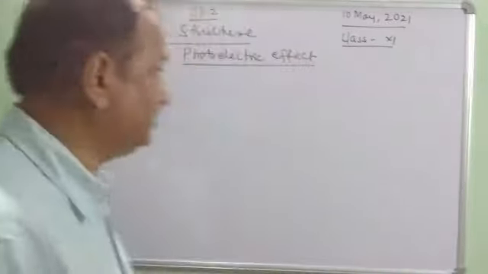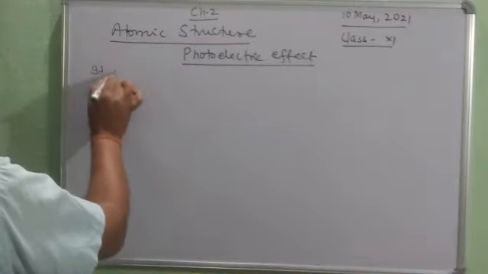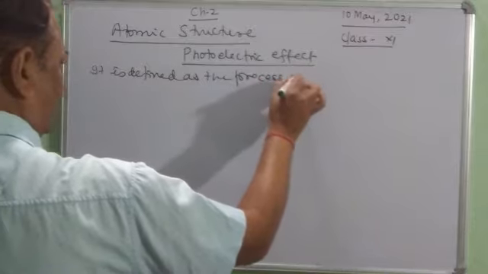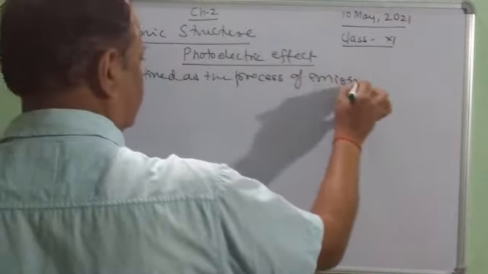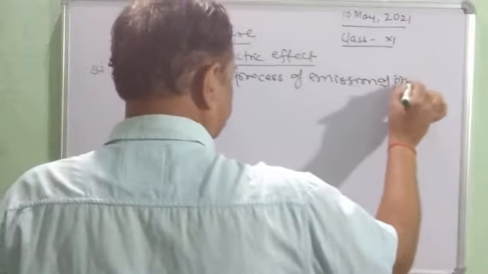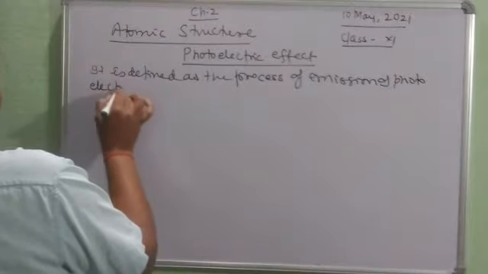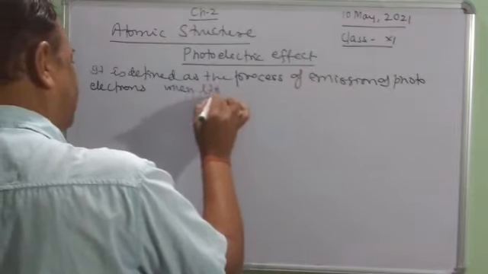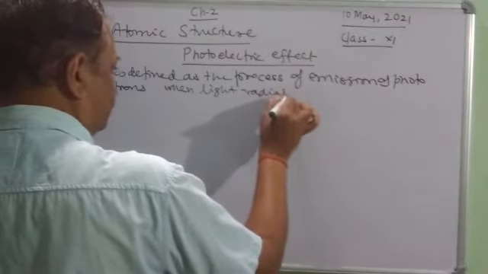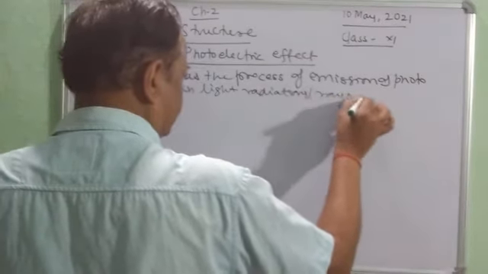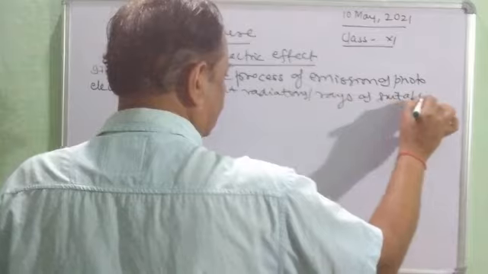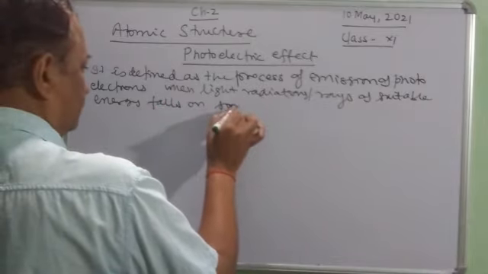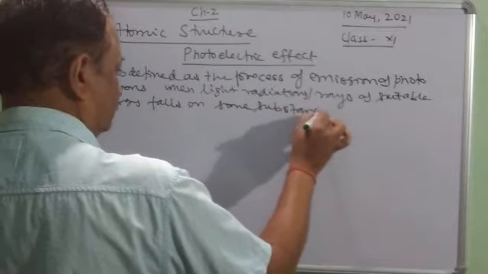So let's see first the definition. It is defined as the process of emission of photoelectrons when light radiations or rays of suitable energy fall on some substances.